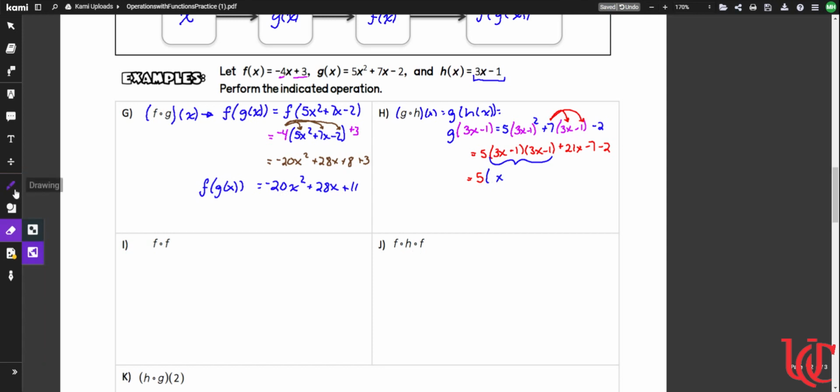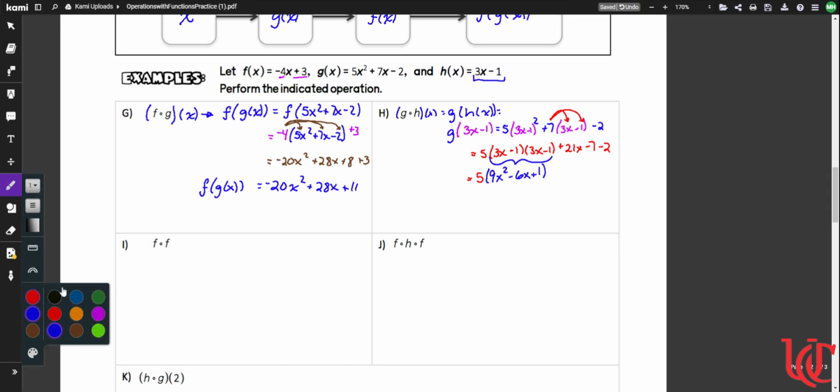Foiling it out, please make sure that you've written it out and you can get, with your combining like terms, the 9x squared minus 6x plus 1 should be what you get when you FOIL it all out and distribute it. And then I have plus 21x minus 9.